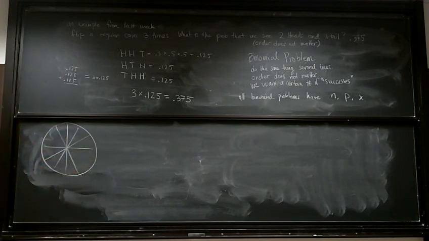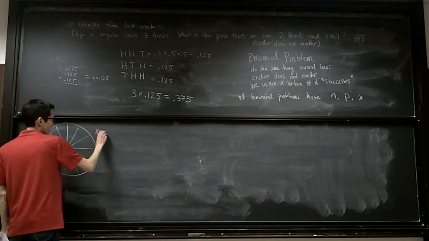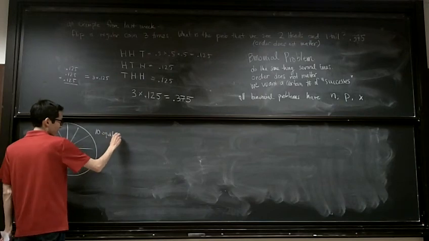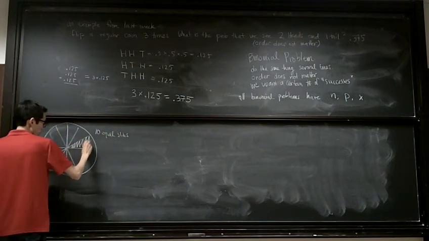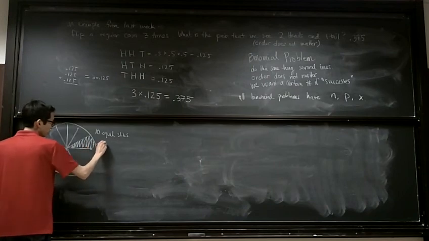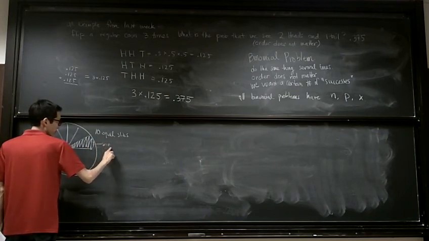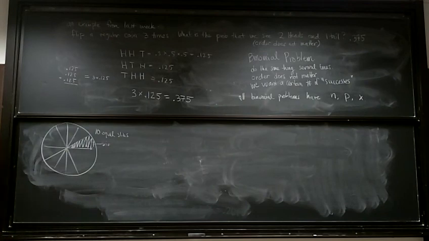This is a terrible picture, but there's 10 equal slices. One is a winner. The rest are lose.